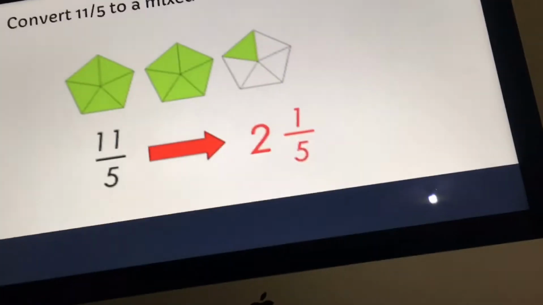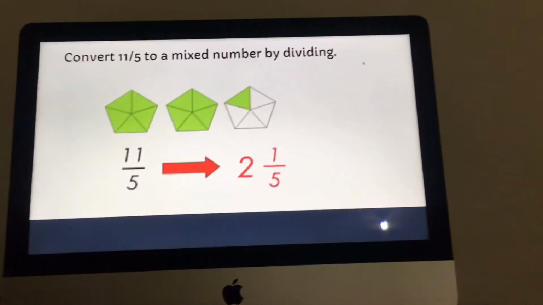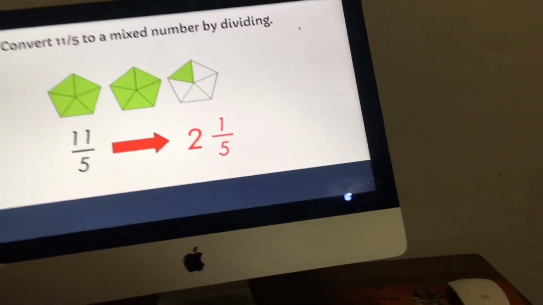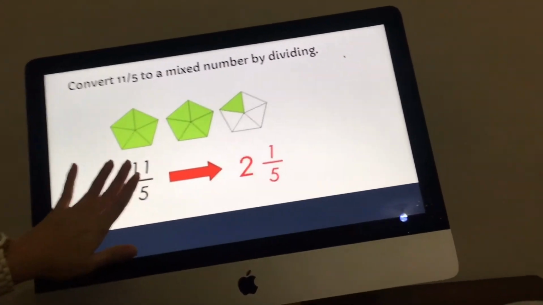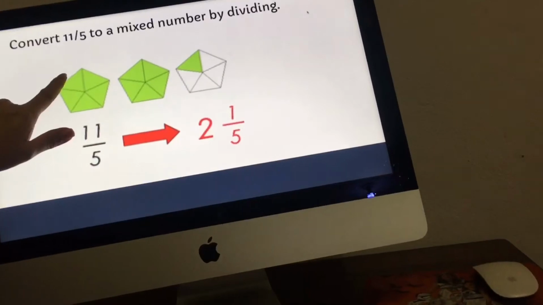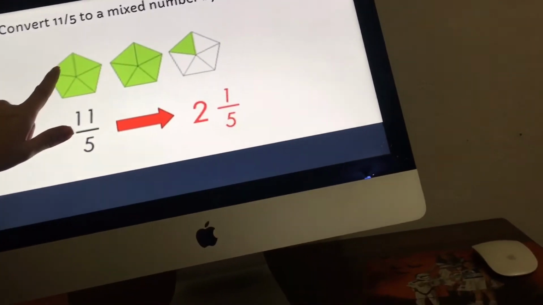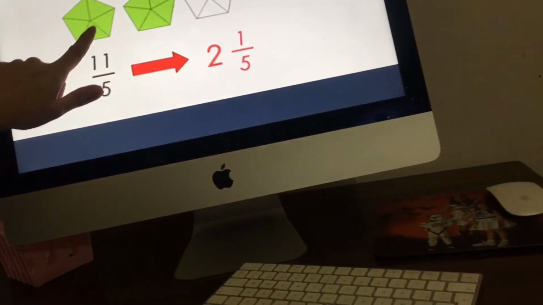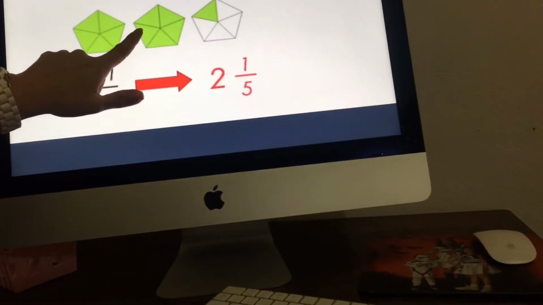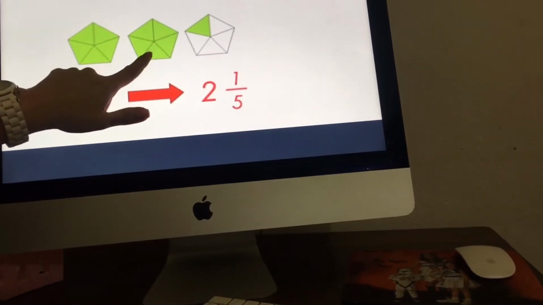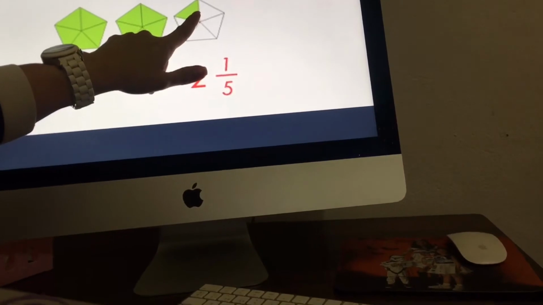Let's check our work. 11/5 is equal to 2 and 1/5, or has been converted to 2 and 1/5. Let's read it as an improper fraction. How many green parts here? 1, you can help me with this. 1, 2, 3, 4, 5. And here? 6, 7, 8, 9, 10, 11.